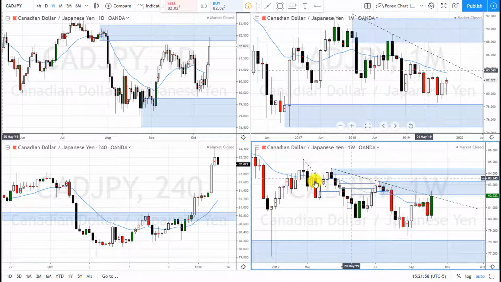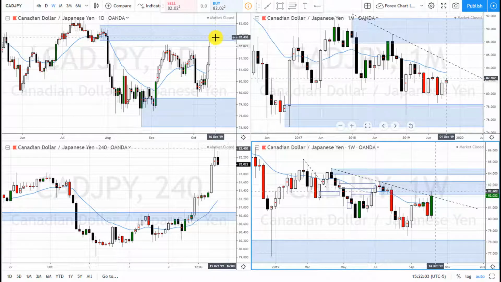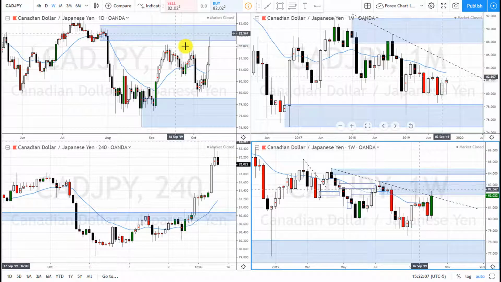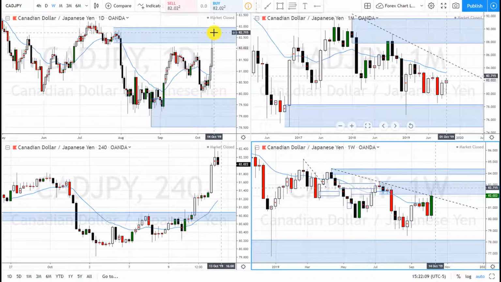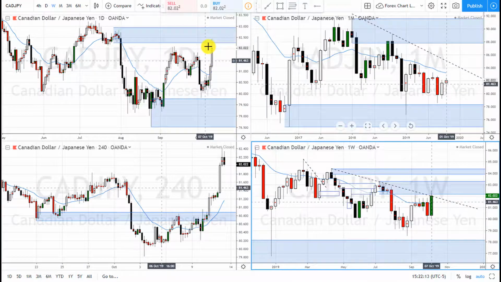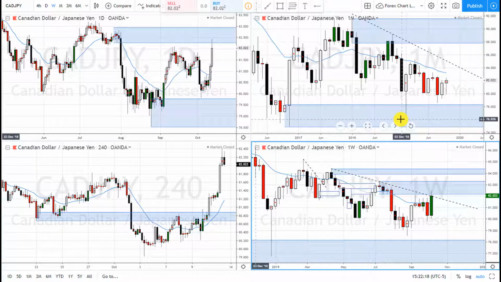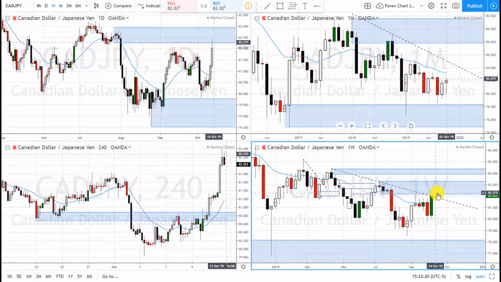So this is very good, and then on the daily, price went to this area on the daily that is fresh, and so this area could be a pretty good short. So this area is a good short, I think, to go short to see if it's gonna work.